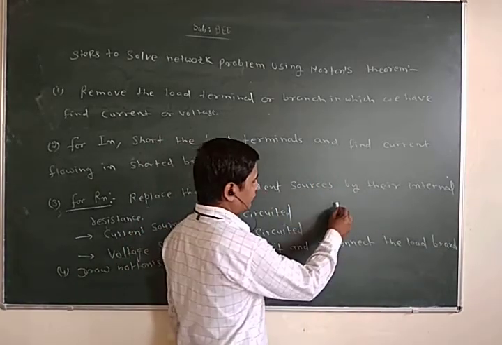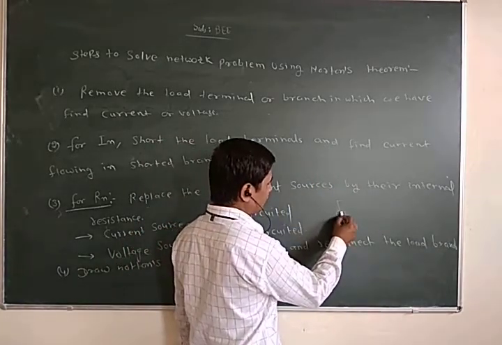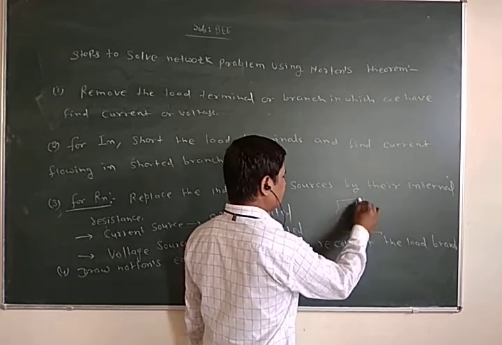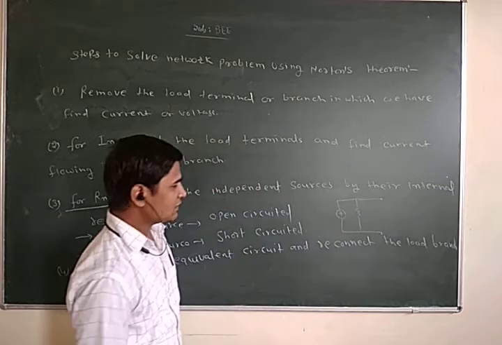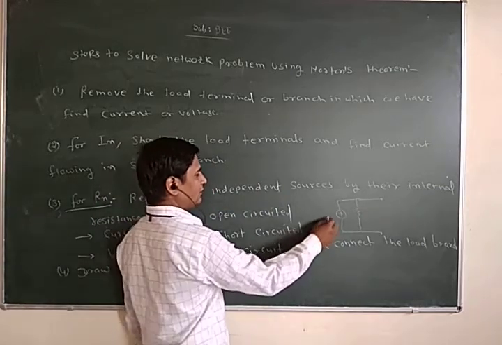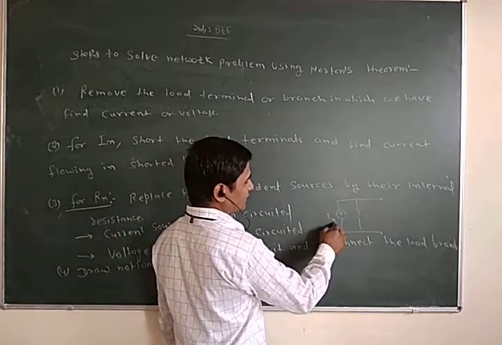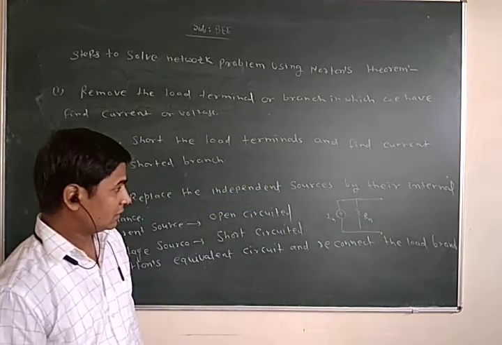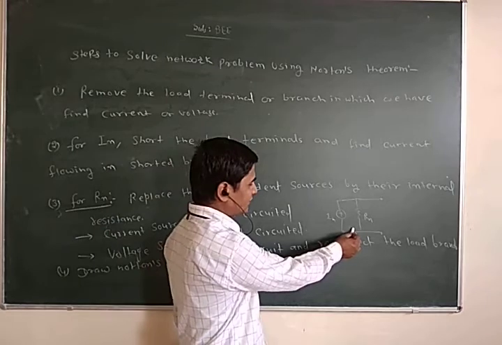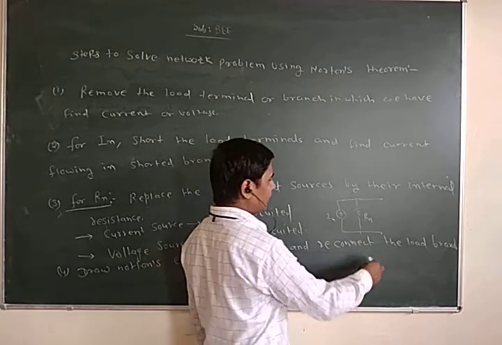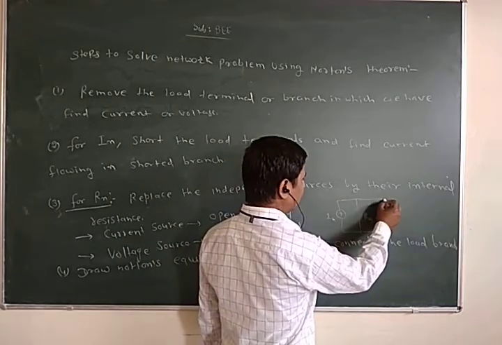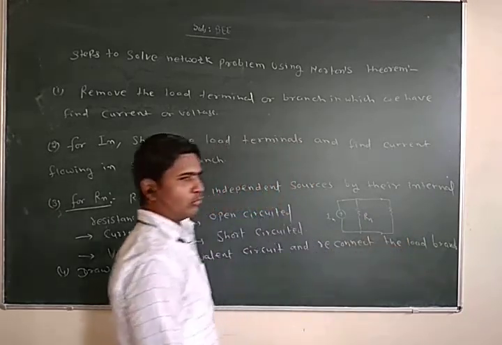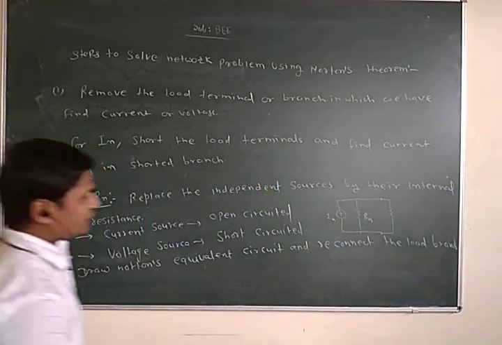It means first of all we draw Norton's equivalent circuit. Suppose this is Norton's equivalent circuit, which consists of a current source, that is IN, Norton's current, and RN, Norton's equivalent resistance. And reconnect the load terminals. Now we connect the load branch which had been removed.